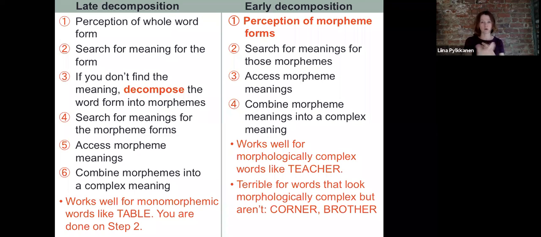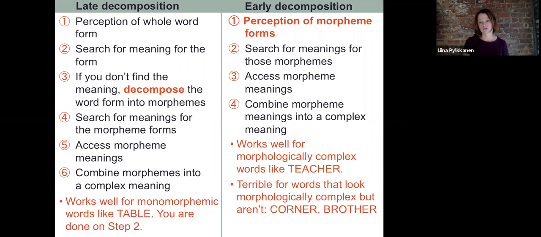So there is only one morpheme, but it just so happens, kind of an accident of the form, that they also include this ER suffix. So this theory, although it's good for the forms that actually are morphologically complex, is bad for these kinds of forms that are complex in a kind of fake way.